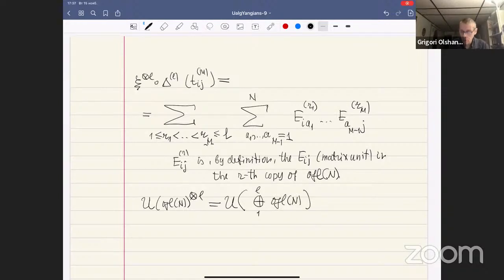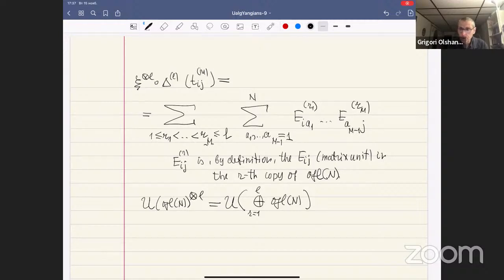So we take some copy number r and the matrix unit in that copy. So this is easy to see from the very definition.